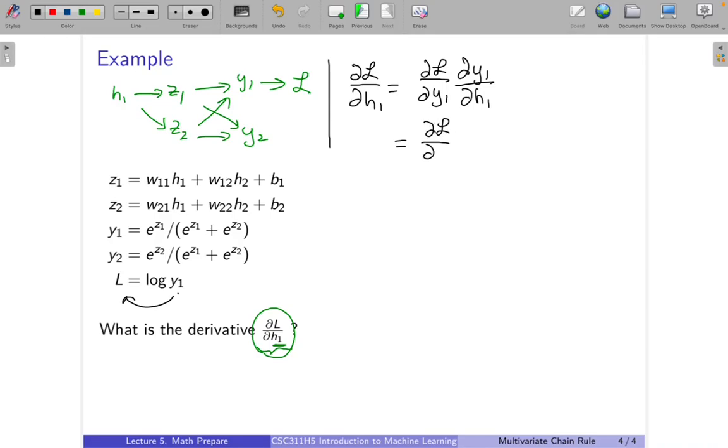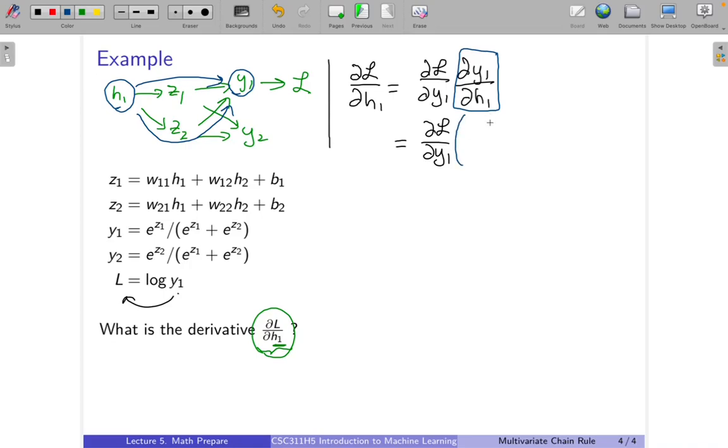Now the interesting part is this derivative term. It looks like the picture that we had earlier, where h1 affects y1 through two different paths.